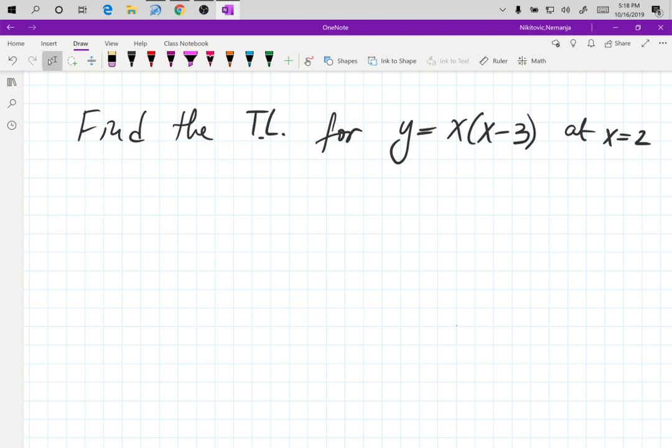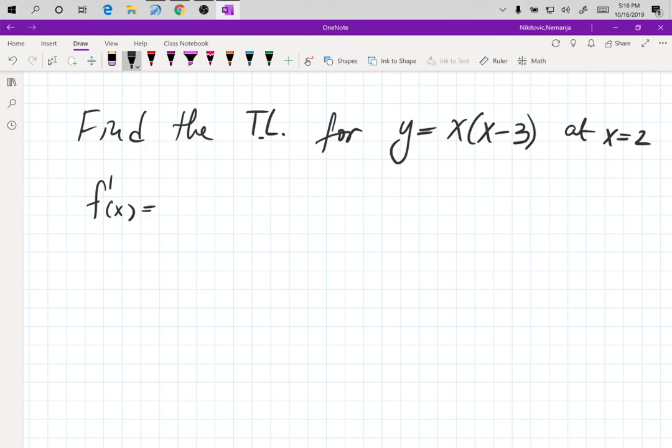So let's find the derivative. F prime of x is copy the first, derivative of the second, plus copy the second, derivative of the first. So altogether 2x minus 3. Okay, we have our derivative. That's step 1. We didn't have to use the product rule.